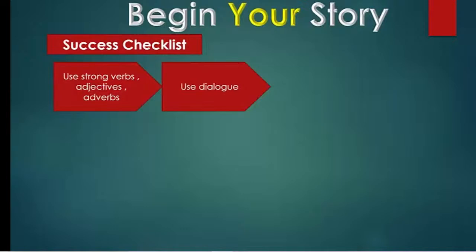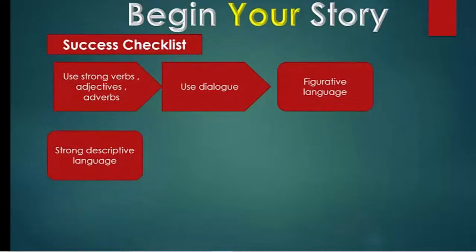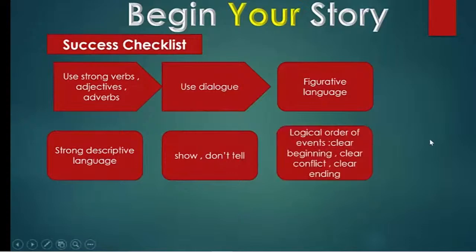Number 3, use figurative language. Number 4, use strong descriptive language. Number 5, show and don't tell. Then, logical order of the events, clear beginning, clear conflicts, and clear ending.